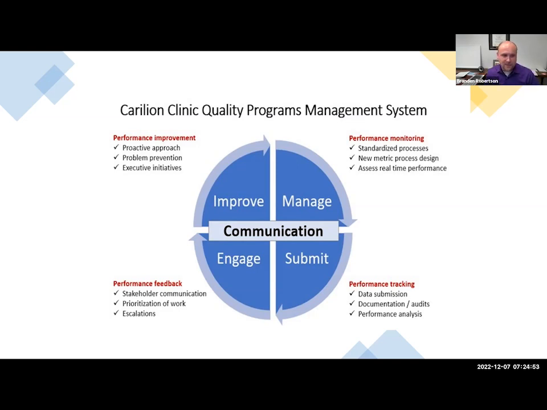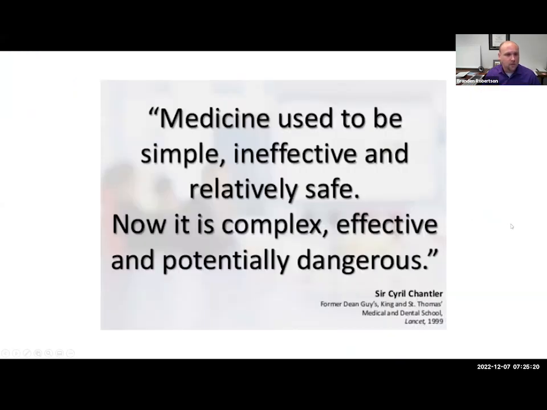We've kind of pieced it together in the past, but we have a program manager, Taylor Naff, over that group who is looking at improving, managing, engaging, and part of that engagement is through this, obviously, and then submission as appropriate, and then making continued improvements associated with that. That then goes to the quality plan on the areas where we have the biggest opportunity.